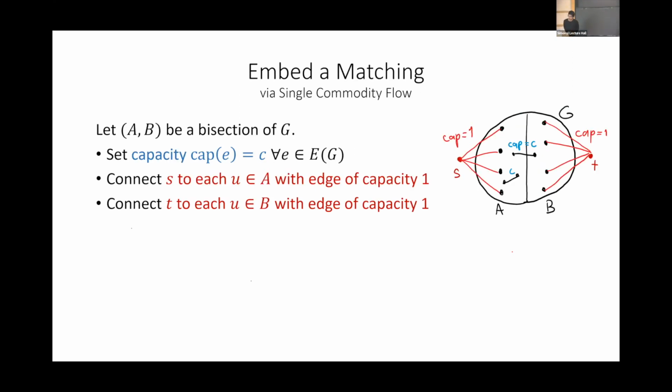Now suppose that you want to embed a matching into the graph. I claim that you can do this using one single-commodity flow computation. Suppose that I give you sets A and B, and I want to embed a matching. Imagine the following.